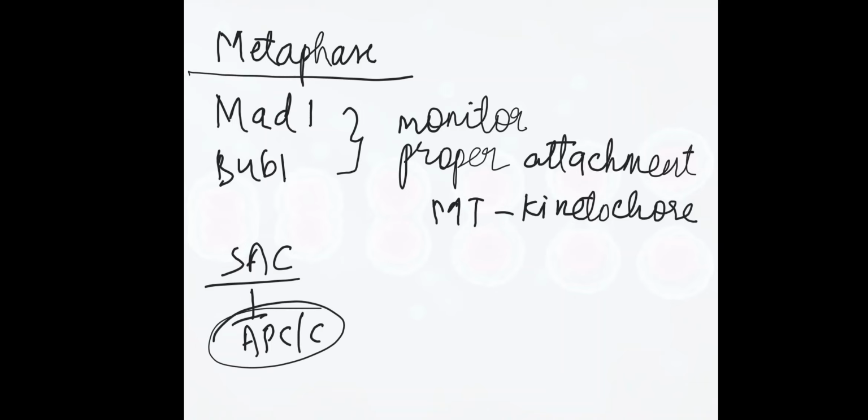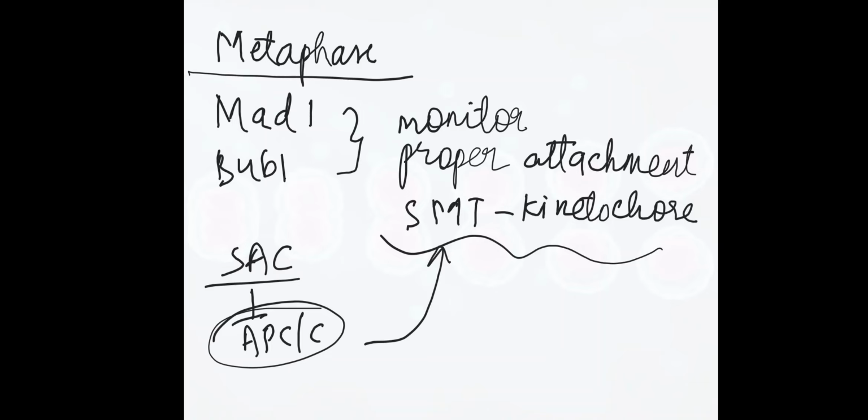If APC-C activity is not inhibited, APC-C will initiate the metaphase-anaphase transition, and that will cause abnormality. So SAC inhibits APC-C for a course of time, so that the proper attachment of the spindle microtubule to the kinetochore is established correctly.